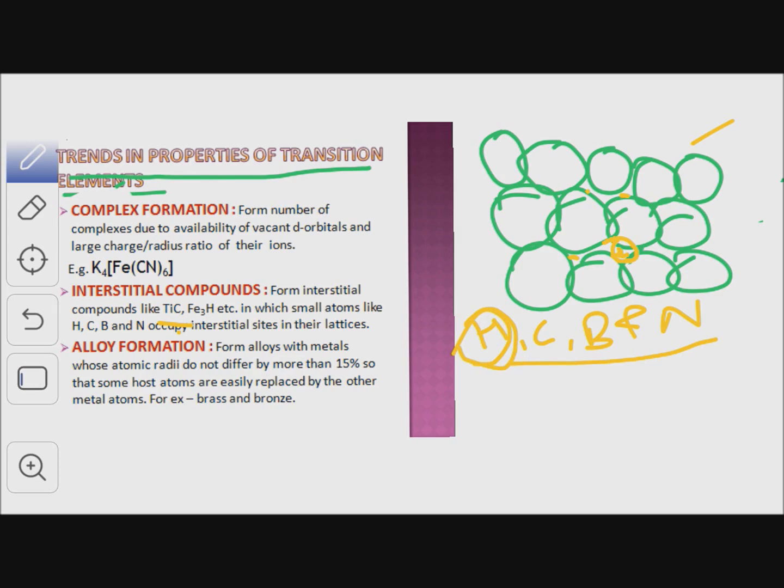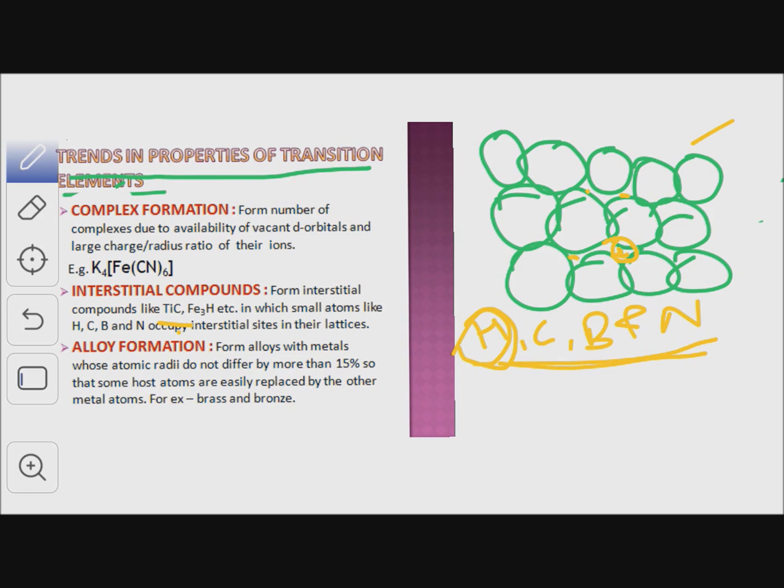Due to the presence of these small atoms, they form compounds that are very hard and rigid. They have a high melting point due to their rigidness and hardness. They also show conductivity like that of pure metal, and they acquire chemical inertness, meaning they do not react with any chemicals.